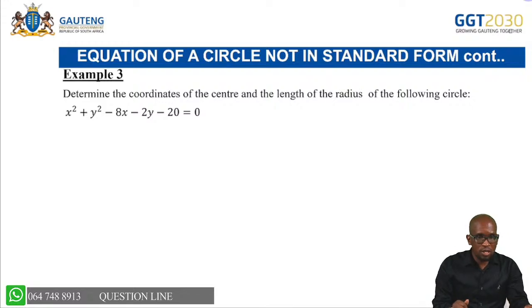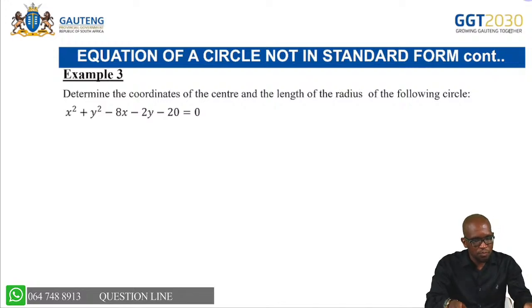The question reads, determine the coordinates of the center and the length of the radius of the following circle. You're given x squared plus y squared minus 8x minus 2y minus 20 equals 0.